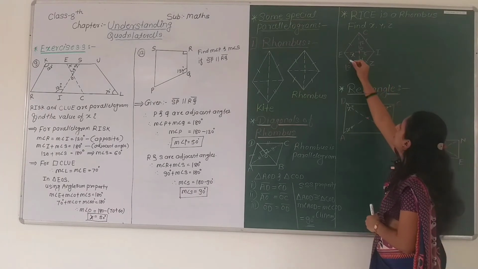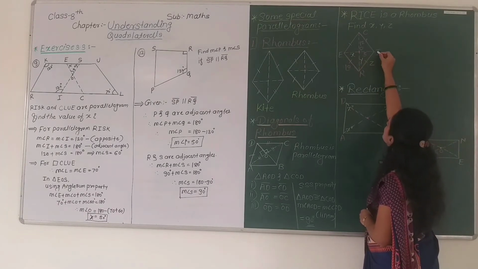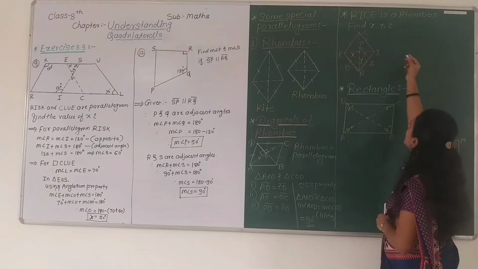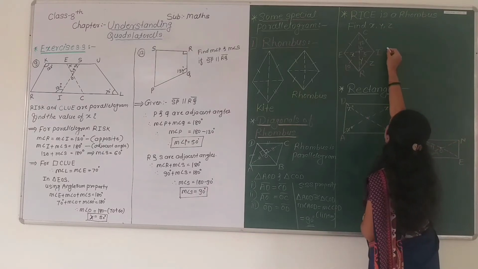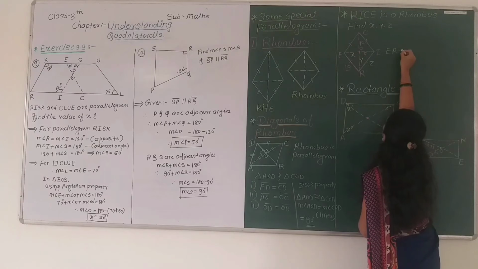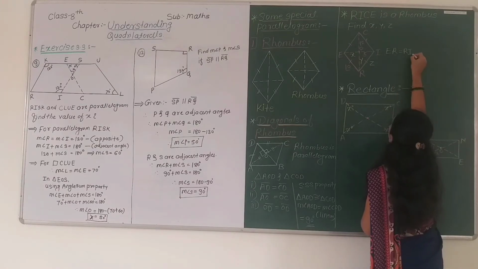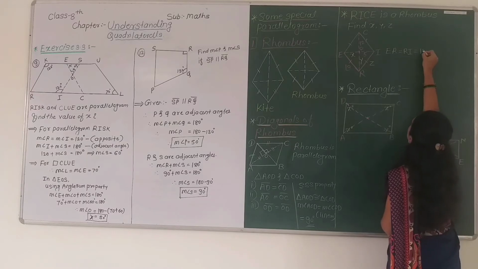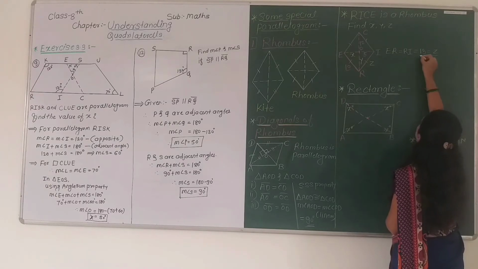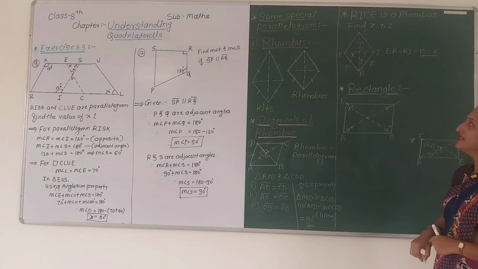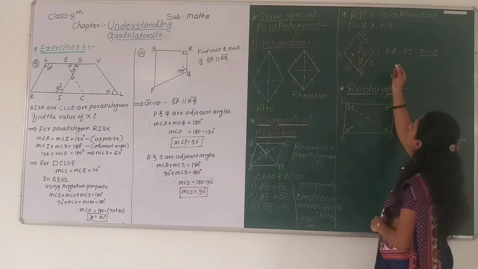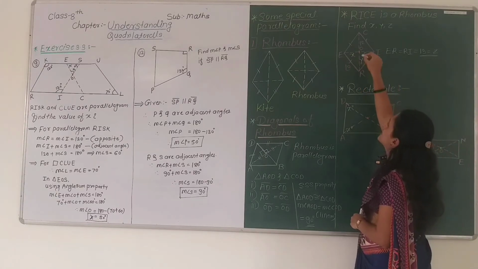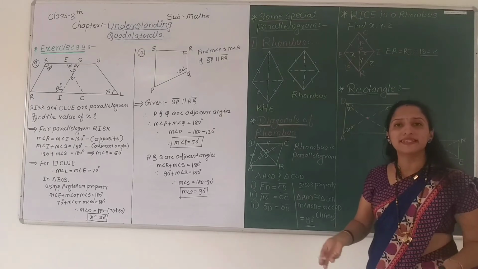That means the side ER is equal to the side RI. Since it is a rhombus, ER is equal to RI, but ER is equal to 13, so RI is also 13. So we get the value of z is equal to 13. It's very simple. Also, diagonals of a rhombus bisect each other.